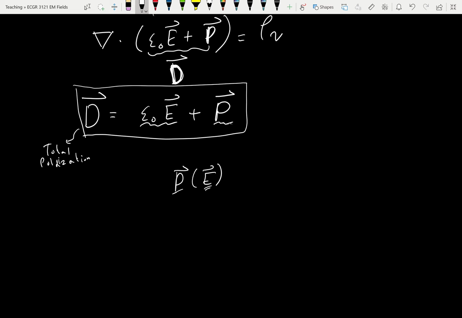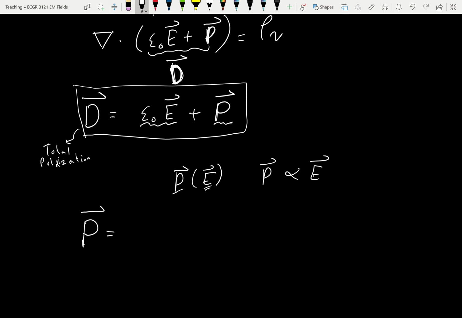And then one of the simplest relationships we can think of is just a linear proportional relationship. So P is simply linearly proportional to E, and it's just a constant. Take E multiplied by a constant and you get P. So typically the relationship between P and E is defined to look like this.